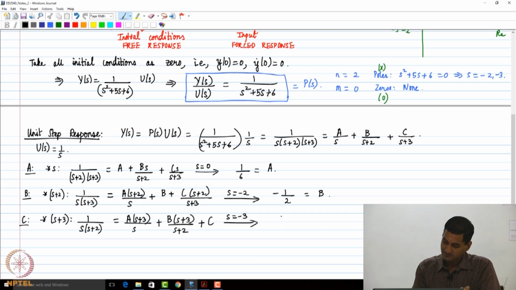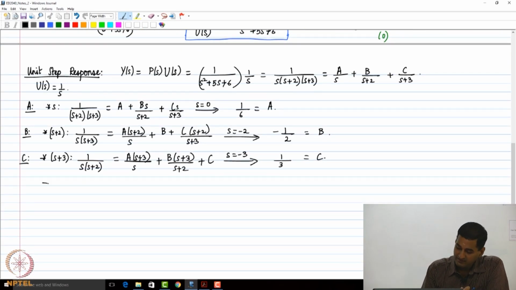We get 1 by 3, for C. So what we have is the following. Consequently, Y of s is going to be equal to 1 by 6s minus 1 by 2 times s plus 2 plus 1 by 3 times s plus 3.